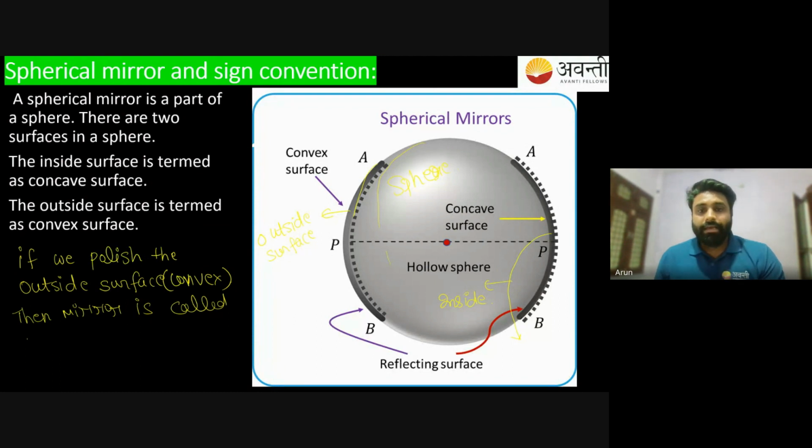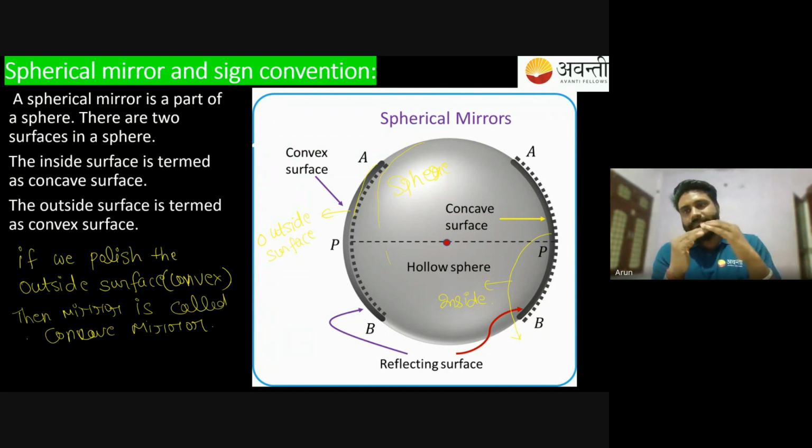If you have polished the outer surface, then the inner surface will be the reflected one. That kind of mirror, in which the concave side is reflected, is termed as the concave mirror. And the opposite of that, if we polish the inside surface, then the outer surface will be the reflected one, so that is termed as the convex mirror.